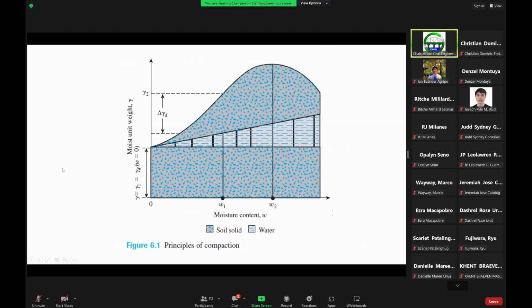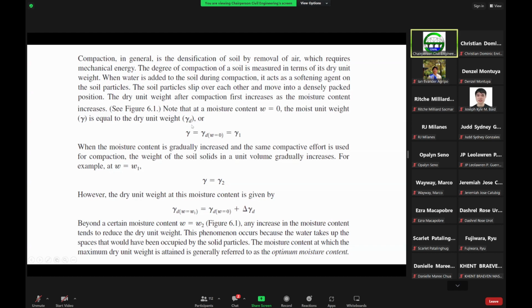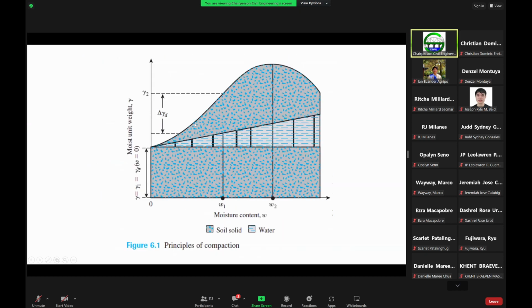It's also found in your book. So here the dry unit weight increases as the moisture content increases. For example, if you look at this graph, it is a graph between moisture content W and the moist or total unit weight gamma.